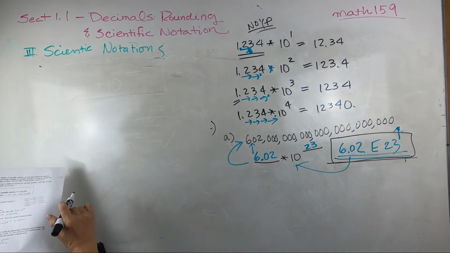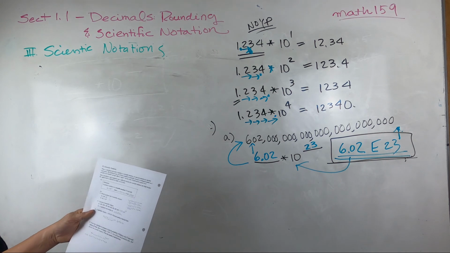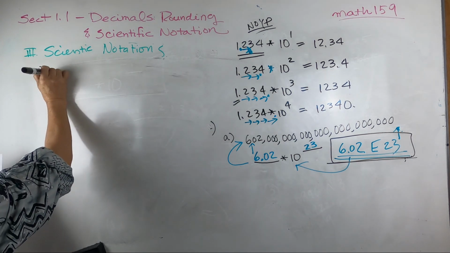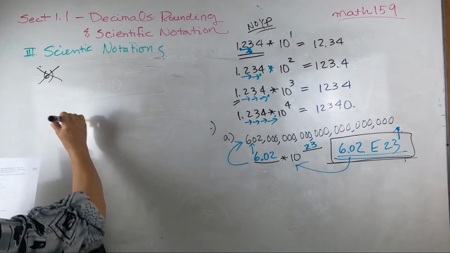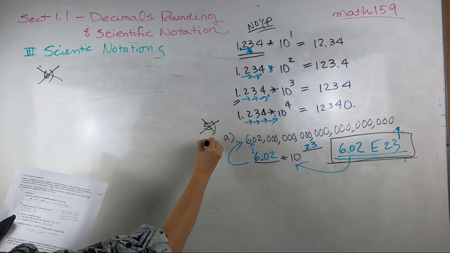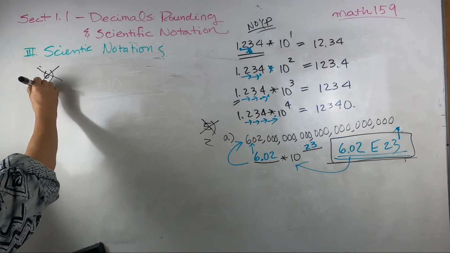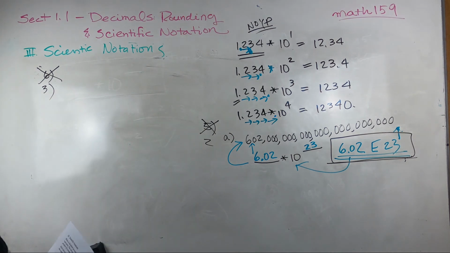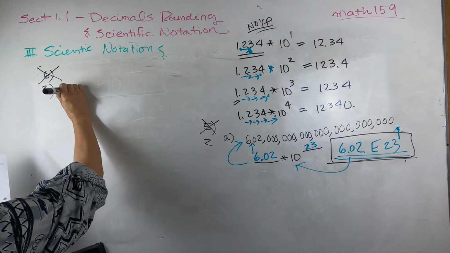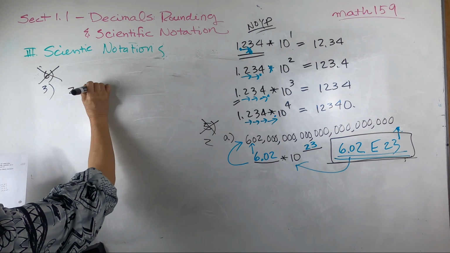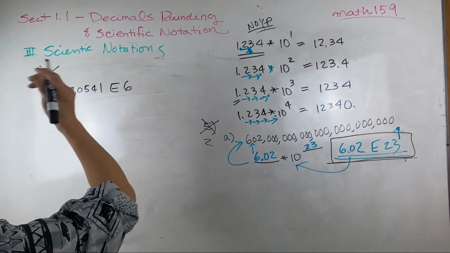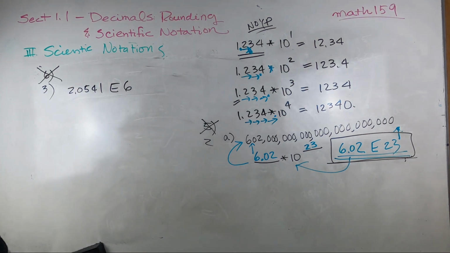Then on your paper, we are on page 5, right? I wrote the 6, that should be what? So I wrote the 5, that should be 2. Then this one should be 3. If your calculator shows 2.0541 E6, what are they talking about? E6 means what? Scientific notation, 10 to the power.